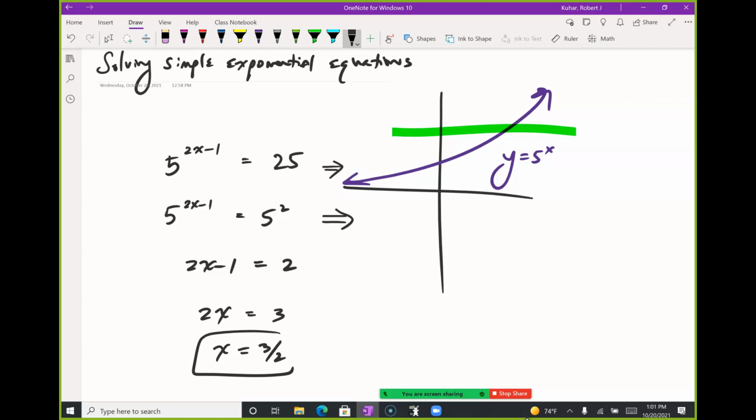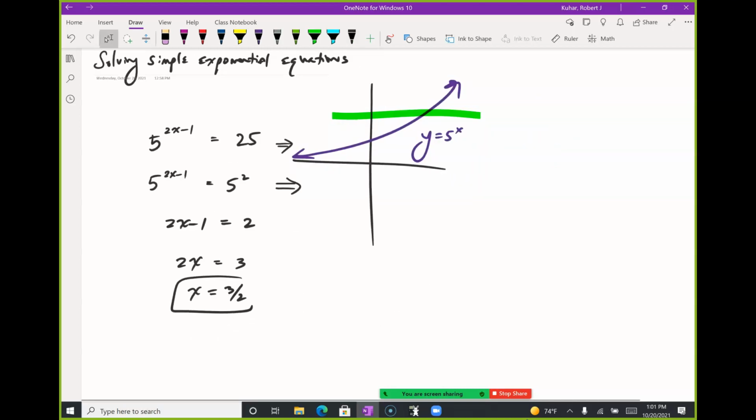Things will work out, but when you go back to the beginning, you realize, nope, that's not right. So we want to make sure we're checking answers when we do things like this. So solving a simple exponential equation, we just have to write both sides with the same base and then set the exponents equal to each other. Is everybody okay there?